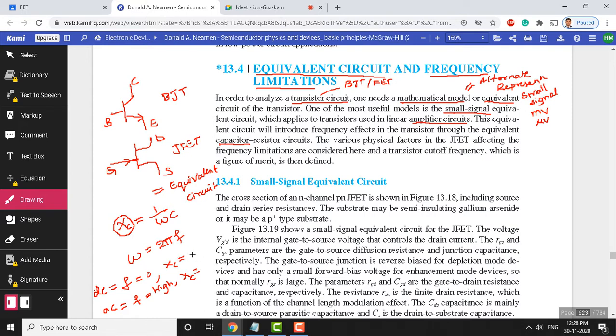What do you mean by infinity? Xc is equal to infinity. How does the capacitor behave? We don't call it resistance here, we call it reactance, capacitive reactance. That means the capacitor acts like an open circuit for DC.